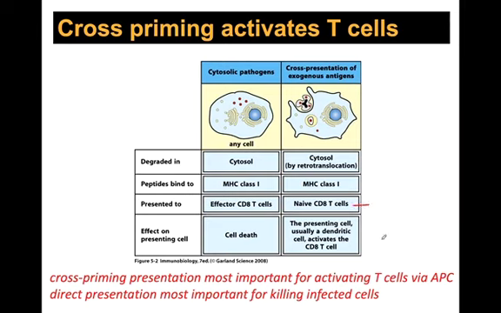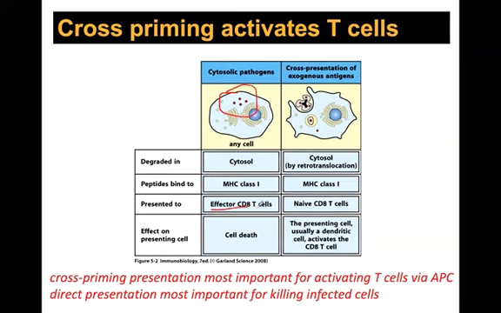They're just being activated. Once they become activated, their job is to leave the lymph node, go out in the periphery, and look for any cytosolic pathogen or any infected cell. Now, this is where you have the classical pathway, where you have an infected cell, and it's taking intracellular pathogen proteins, degrading them on the proteasome or immunoproteasome, feeding those through TAP, loading on class 1, and presentation at the cell surface.